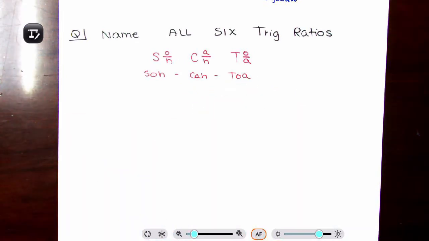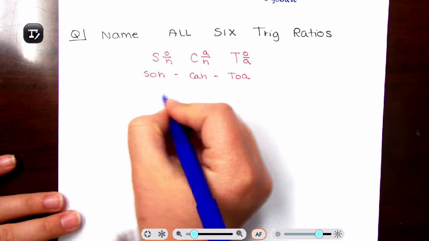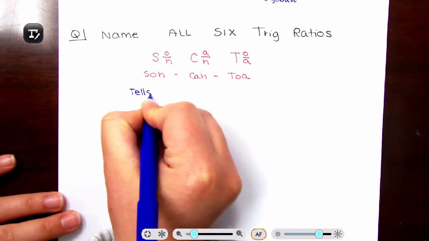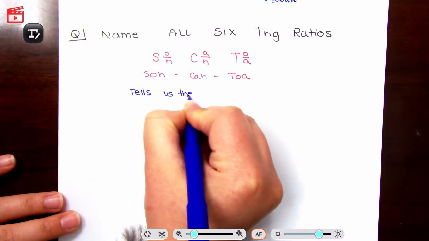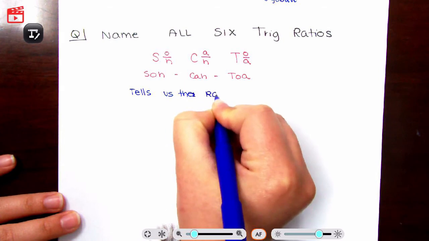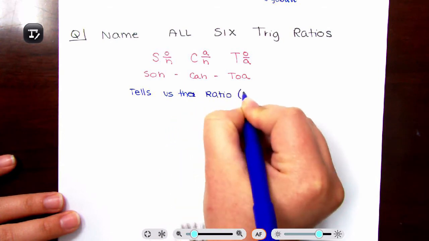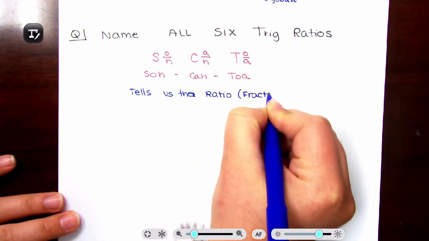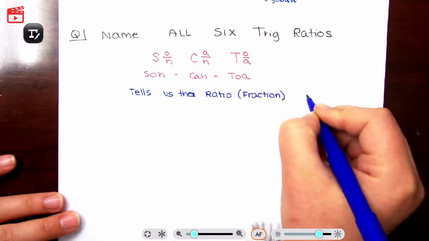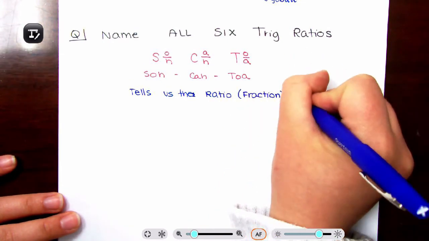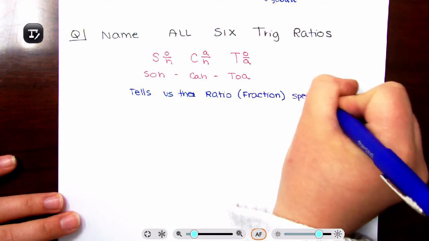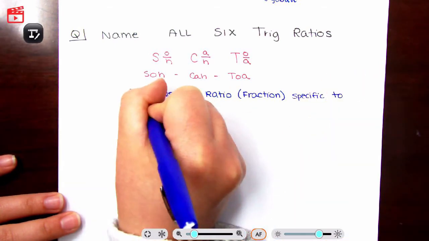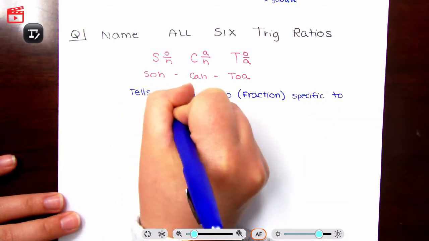Now, what is SOHCAHTOA? SOHCAHTOA tells us the ratio. And again, ratio is just fraction. That is specific to a triangle.